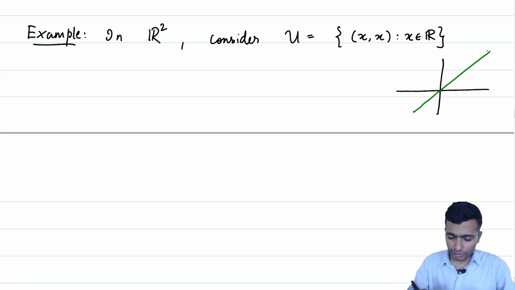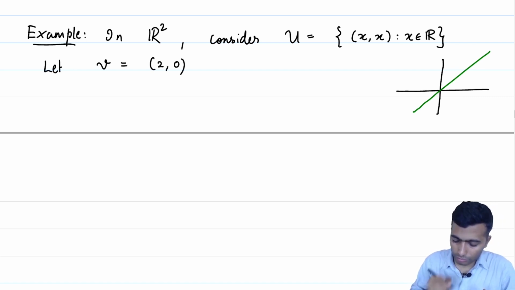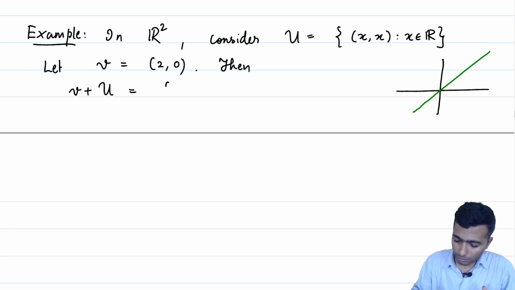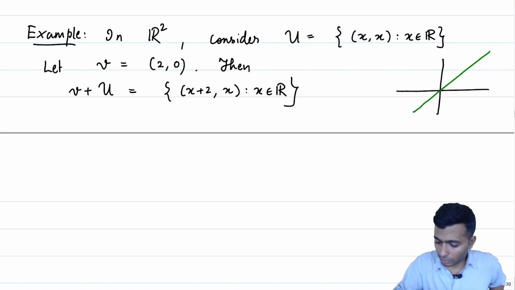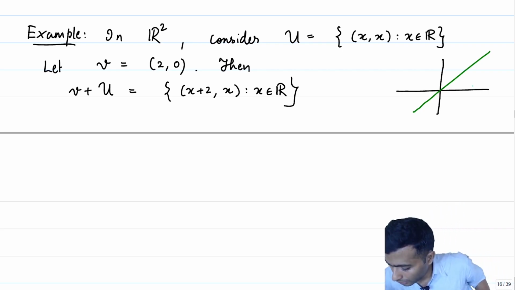So let us pick some v. Let v be equal to say 2 comma 0. Then v plus U is nothing but x plus 2 comma x, such that x belongs to R. So let me use some other color. Let me use blue to tell you that that is going to be this line.